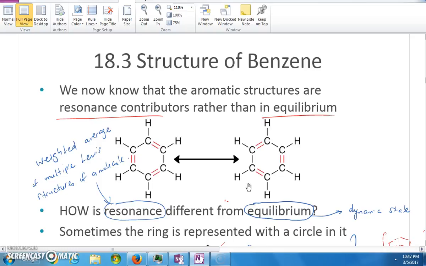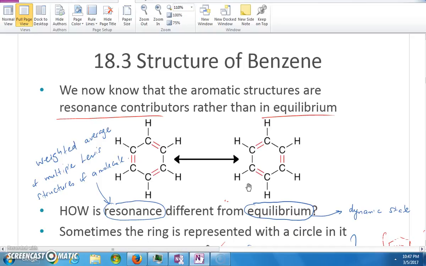However, equilibrium is a dynamic state where the rate of the forward reaction becomes equal to the rate of the reverse reaction, or a steady state in which the concentration of the products and reactants becomes constant over time. But you can also say that the energy of the system is at a minimum.